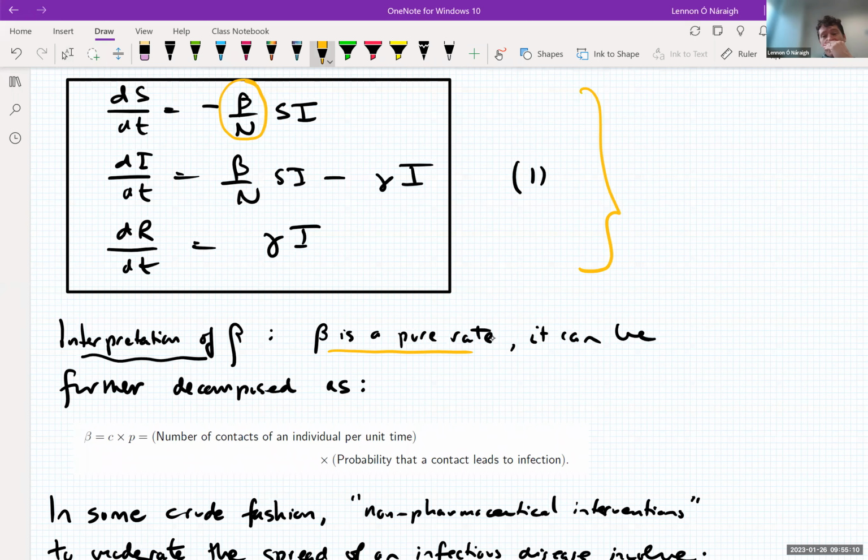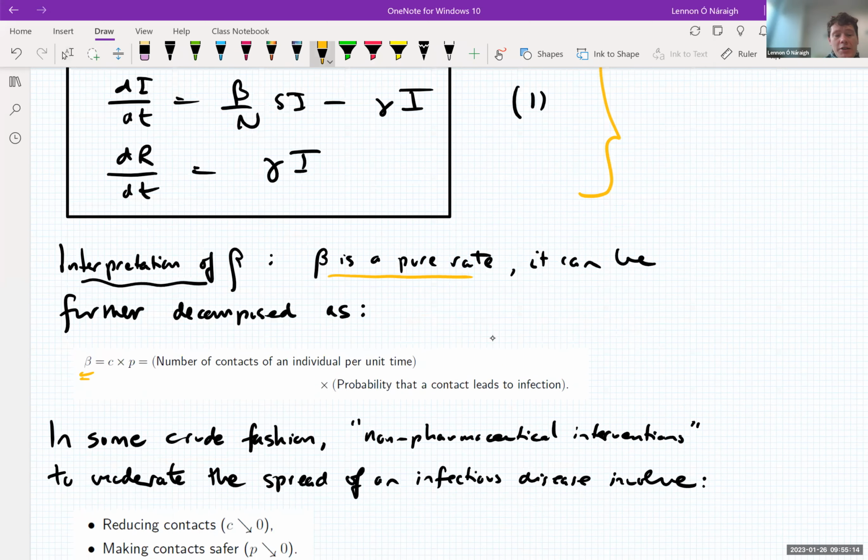And this gives us a bit more insight into what's going on, because we can decompose beta into a product, C times P. Remember, beta is a pure rate, 1 over time. So C then would be the number of contacts that an individual has per unit time.